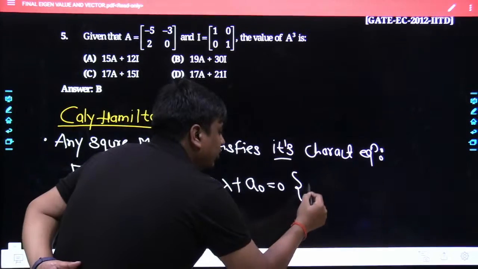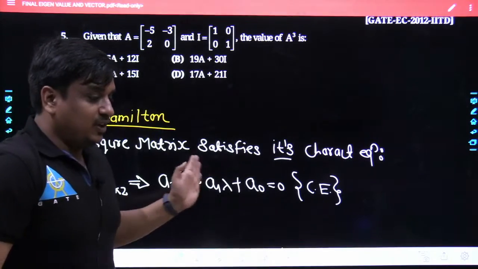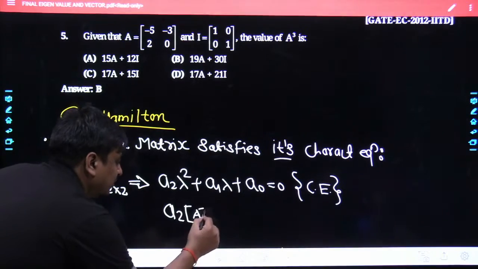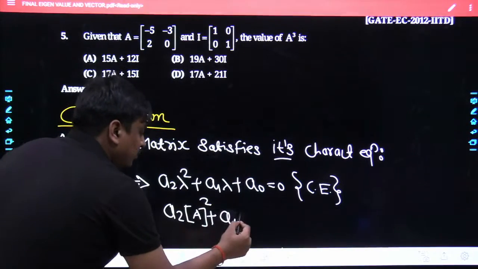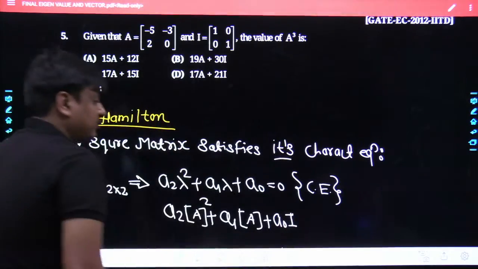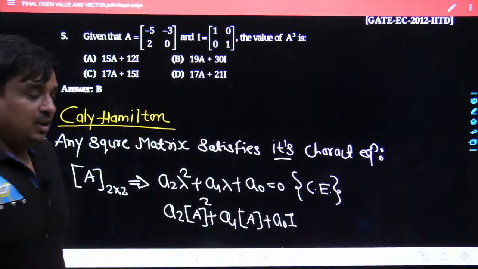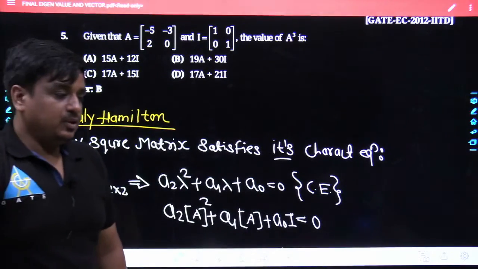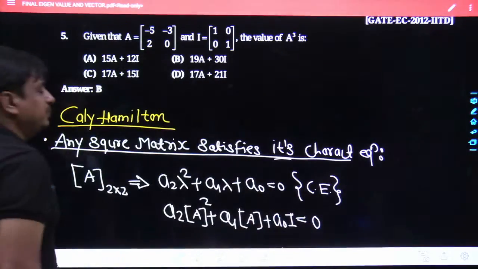Even the square matrix for which this characteristic equation has been written is going to satisfy this requirement, and hence it's a2 times the square of the complete matrix itself, plus a1 times the matrix A, and keep in mind the a naught has to get multiplied with the identity matrix. Here we were playing with numbers, whereas here we are playing with a complete matrix, and it would become a null matrix.